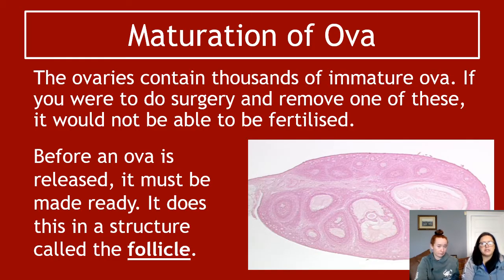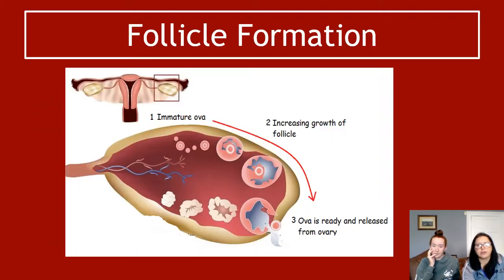Okay, now you can see the pictures of the follicle. That picture is a slice of an ovary, and the follicle is the bubble looking thing that's inside the ovary. Okay, so if we look at follicle formation, now don't worry too much about this just now because we will look at it in more detail in the hormonal control unit. But the idea is we start off at point number 1, we've got our immature ova, which is the tiny little pink blob.